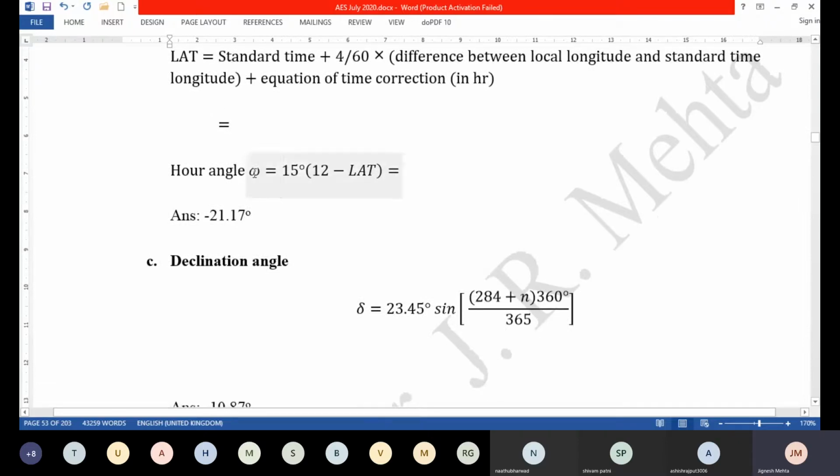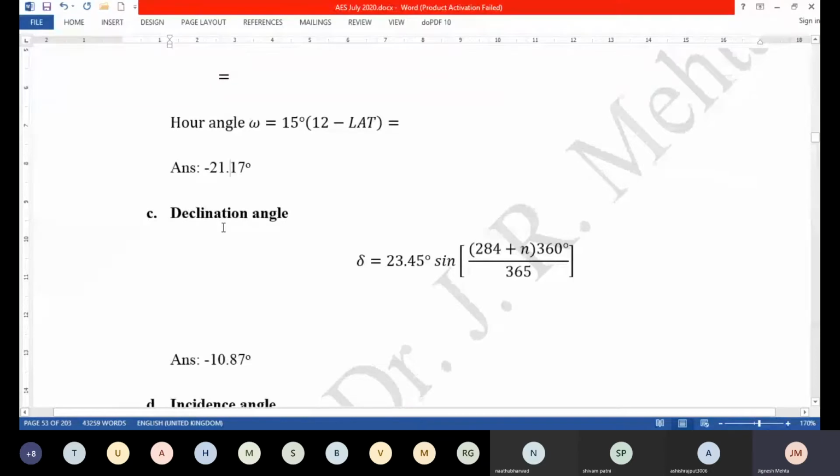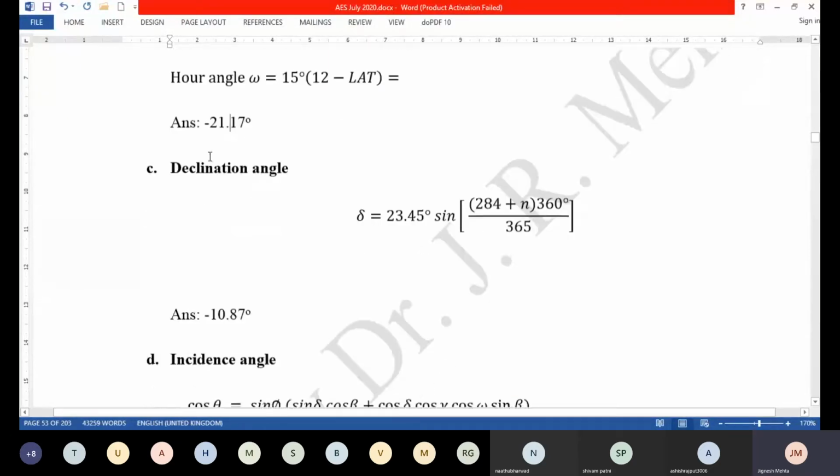Once you get LAT, you can get the hour angle. So in this case, at 2 p.m. IST, the hour angle is minus 21.17. Right? It is more than 15 degrees and still less than 30 degrees. So as per the local apparent time, it's actually not 2 p.m. It is somewhere between 1 p.m. and 2 p.m., right?